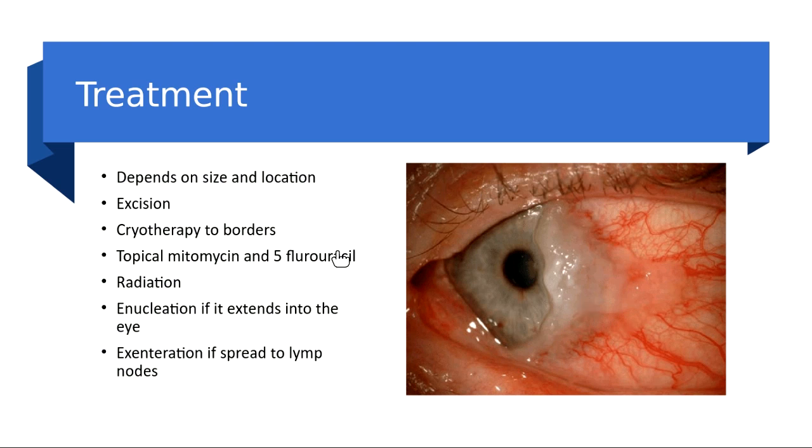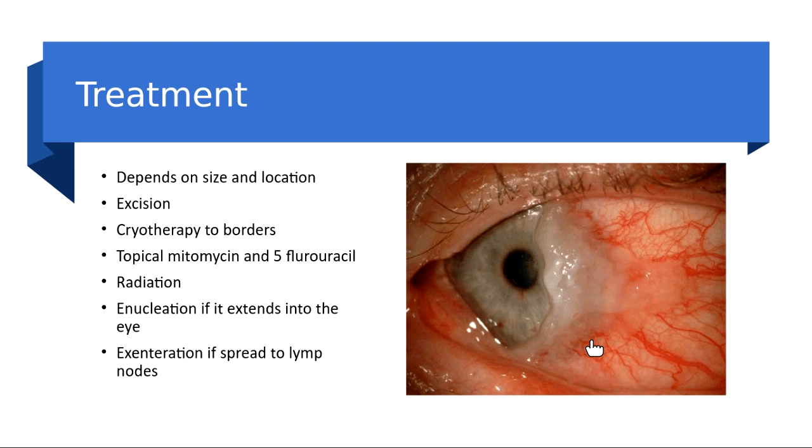And we shrink it with the antimetabolites, and maybe we can excise it, and then we always clear the borders. If it's really large and extending into the eye, we have to enucleate the eye. And if it's extended to the lymph nodes, so you always have to examine your lymph nodes, you would have to remove the entire contents of the orbit.